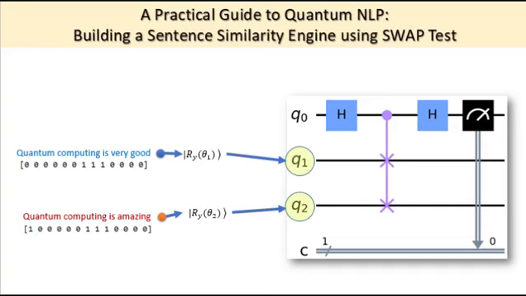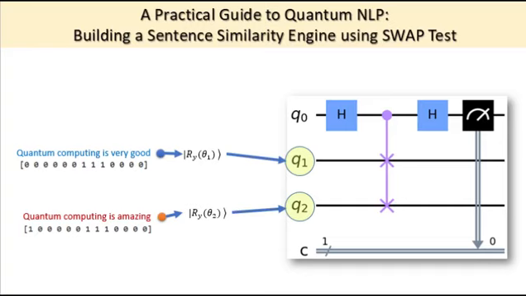What makes the swap test so powerful is its simplicity. With just one ancilla qubit and a handful of controlled swaps, a quantum computer can capture the inner product between two high-dimensional states. In our case, those states represented the meaning of sentences.